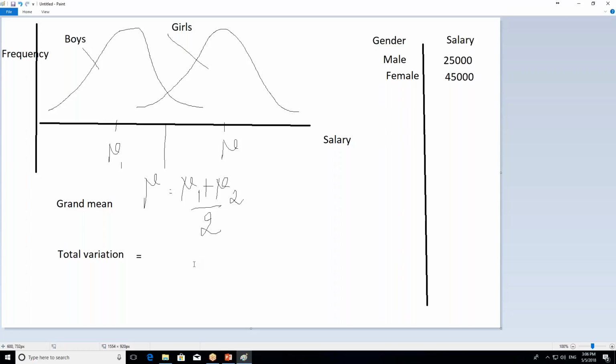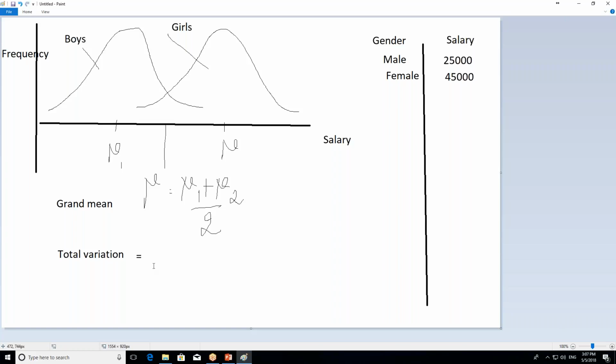Yes, you guys are partially correct. If you say variance, that makes sense. Total variation is the sum of the variation of each individual data point.